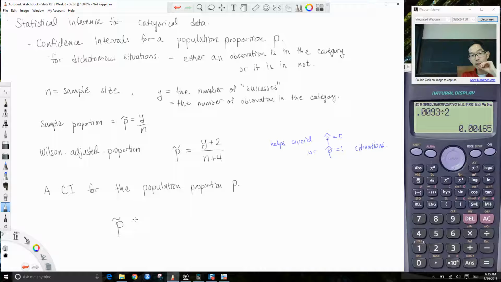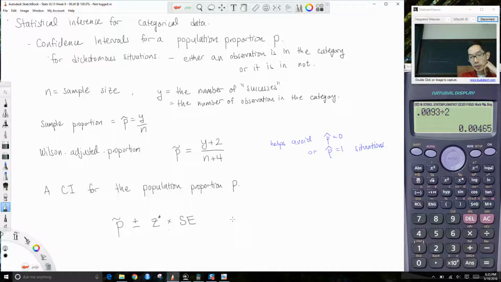And then we're going to go plus or minus our margin of error, which is going to be a critical value z star times our standard error. So this takes on a very similar form as the confidence interval for mu, except now we have a p in here.